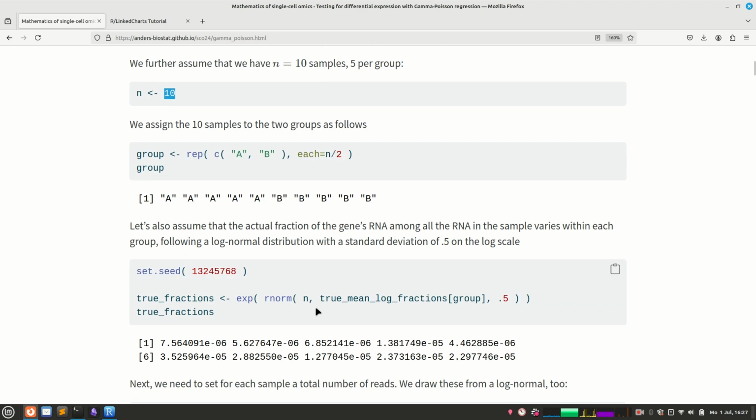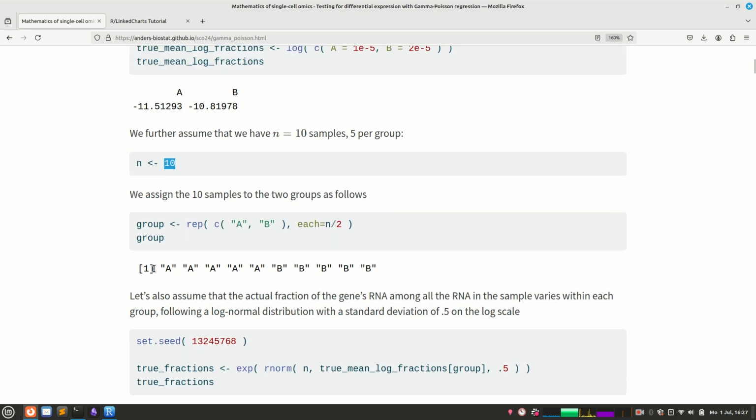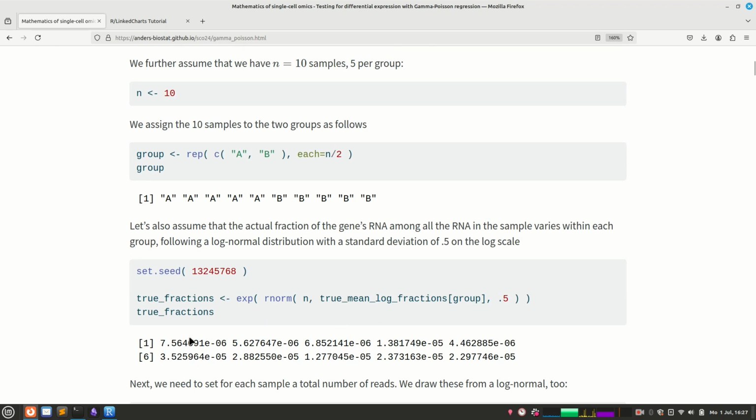And furthermore, I want to now ask, for 5 times sample A and 5 times sample B, for each of these 10 samples, what is the actual fraction? The expectation is minus 11.5 for A and minus 10.8 for B, but our actual fraction might tether a bit around these values.